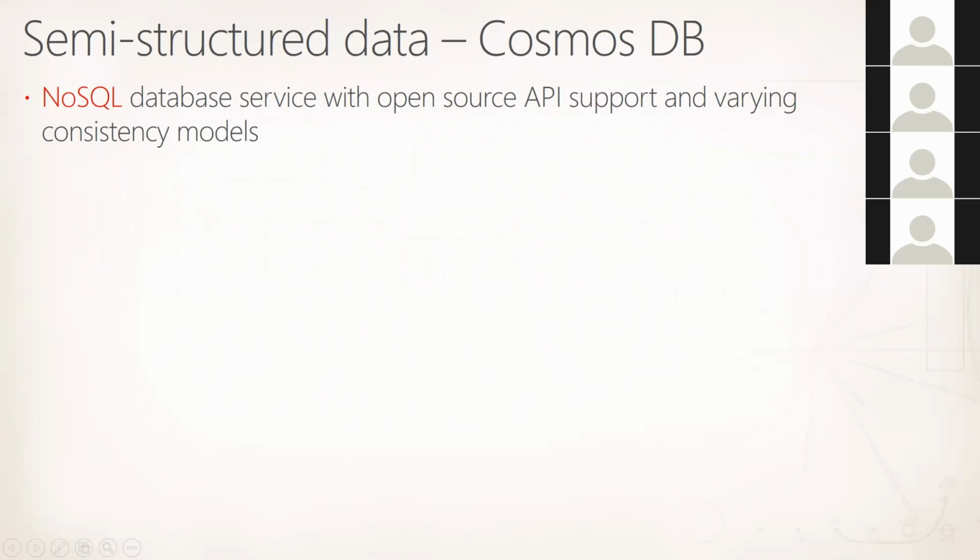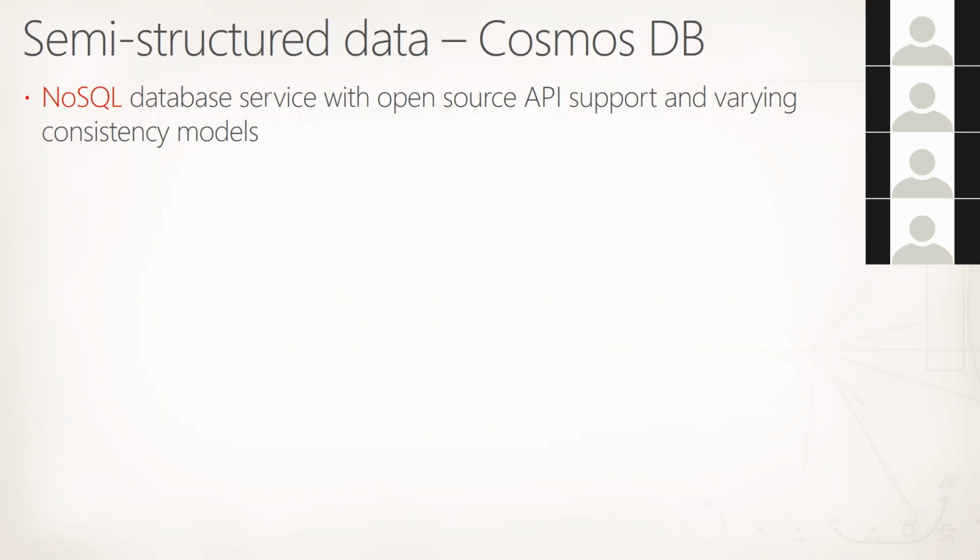Let's talk about the Cosmos DB, which is a bit of an advanced topic. It is also using NoSQL, and the most important part is that it has several APIs for us to access data. It's not only one hard-coded, static thing.